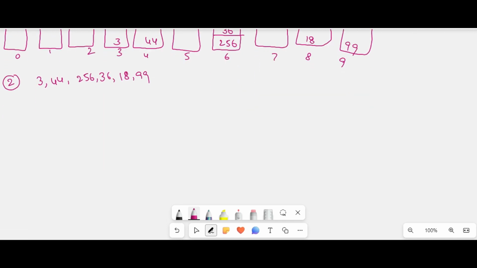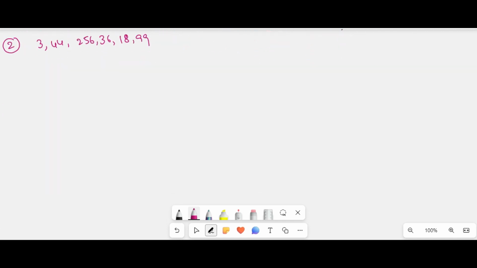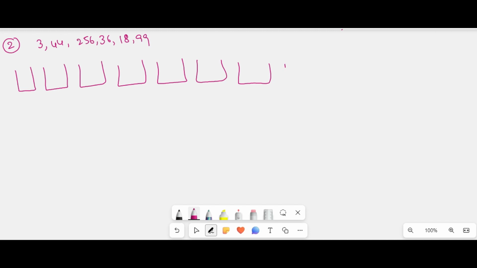Consider this order and again, as usual, the base is 10, so 10 buckets: 0, 1, 2, 3, 4, 5, 6, 7, 8, 9. See, here we look at the tens place digit. For 3, there is no tens place digit, so consider it as 0.